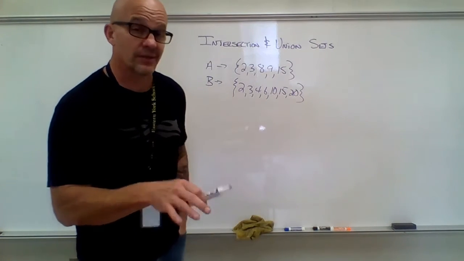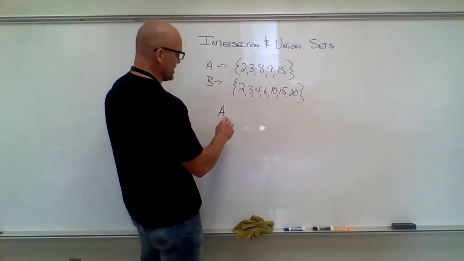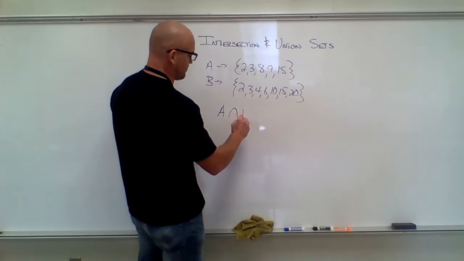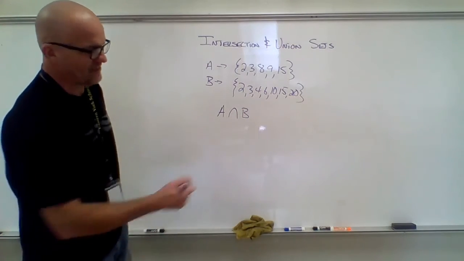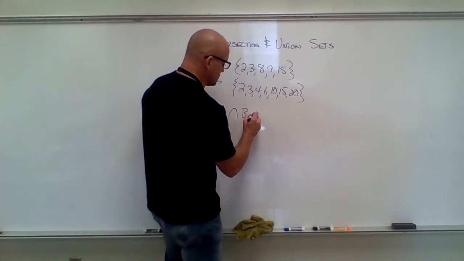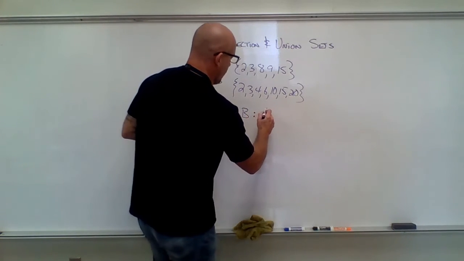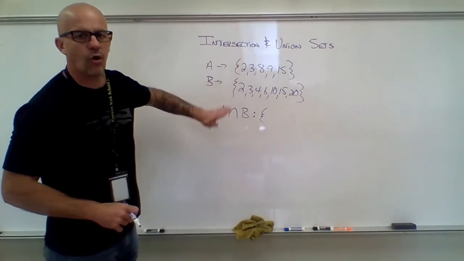For nomenclature-wise, if you care to know, we would write A intersection B that way. It's an upside down U. If you care, you don't really have to know that. So the intersection of these 2 sets would be, well, what's the set of numbers that would contain the overlap here?